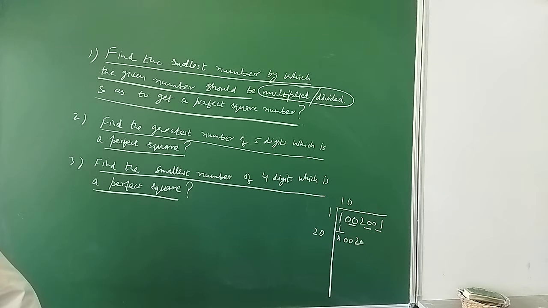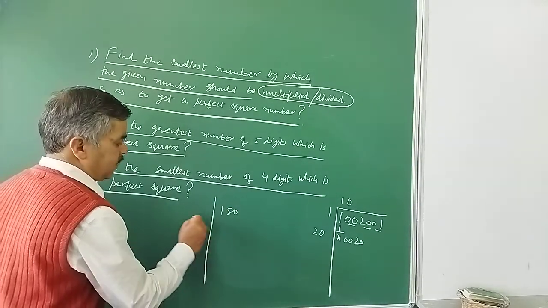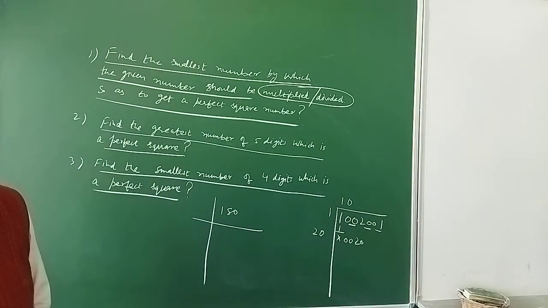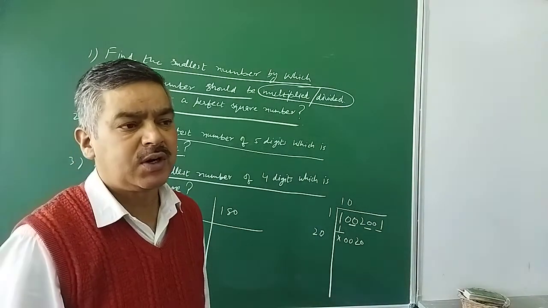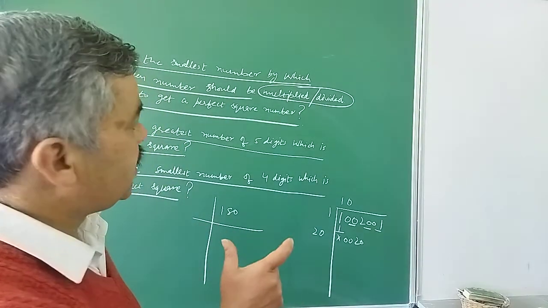Suppose I am taking the example from your textbook only, question number 5. You are talking about 180. By which number should I multiply 180 so that it becomes a perfect square? Dear students, this is not difficult at all. The procedure is quite the same.